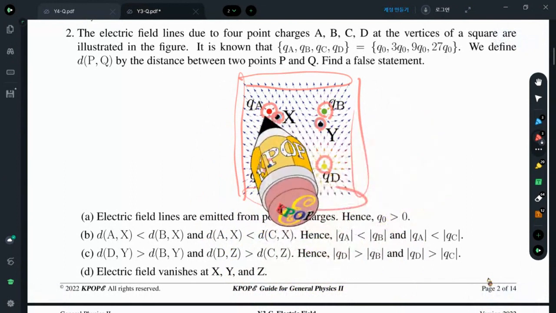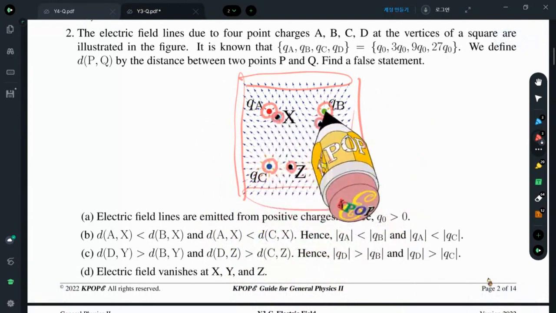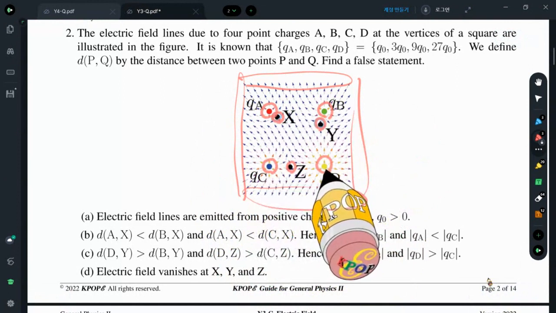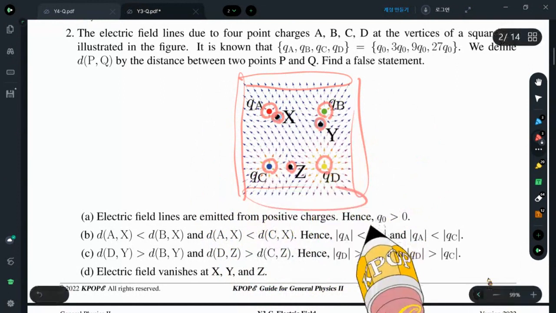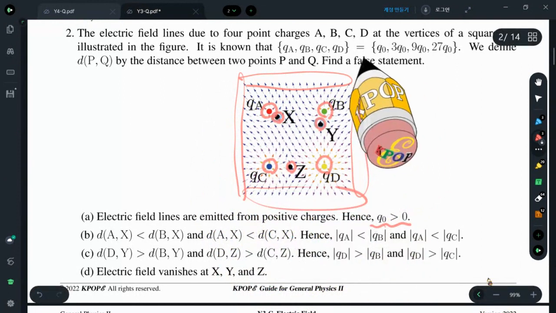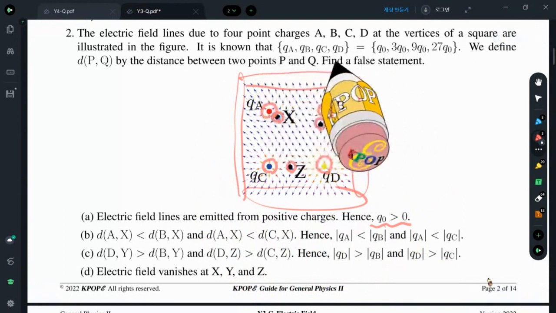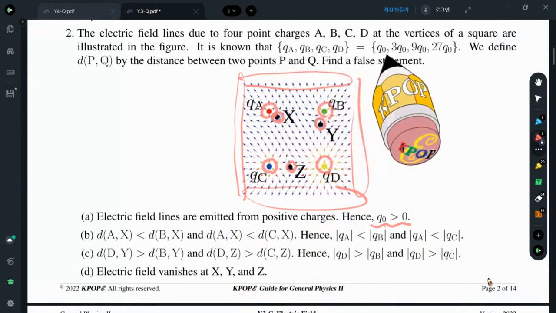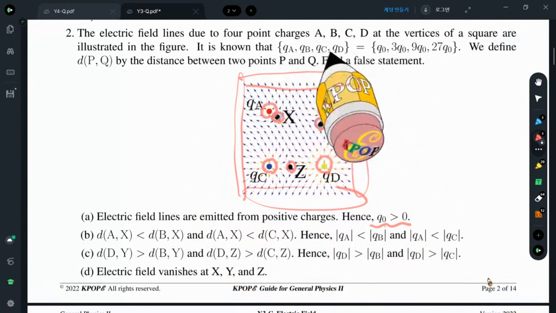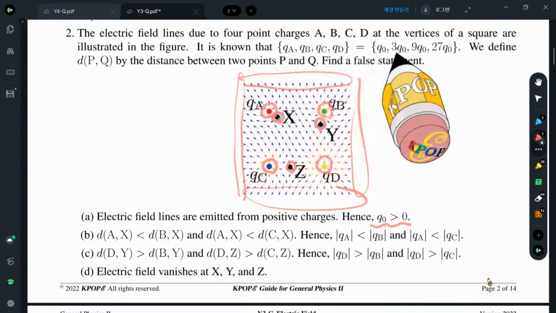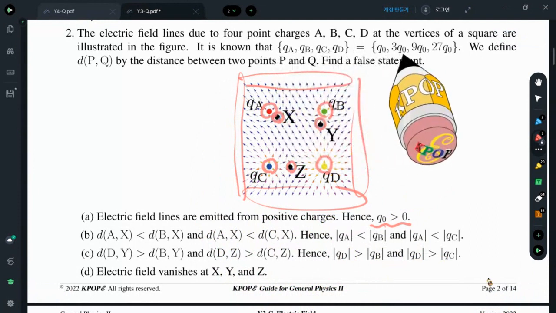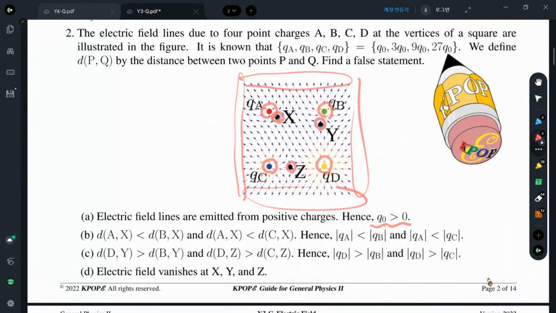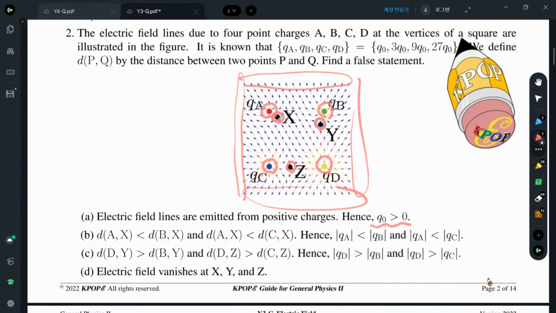So we think all four charges are positive, because it is stated that A, B, C, D are one of Q0, 3 times Q0, 9, 27 Q0.